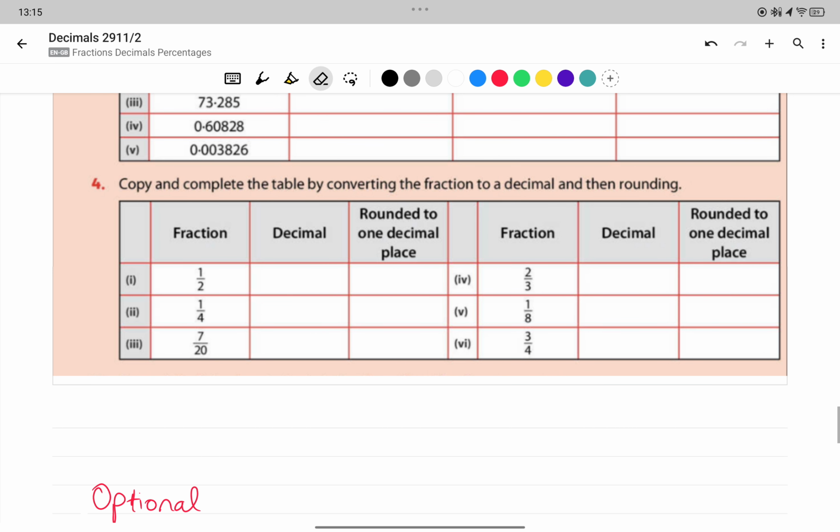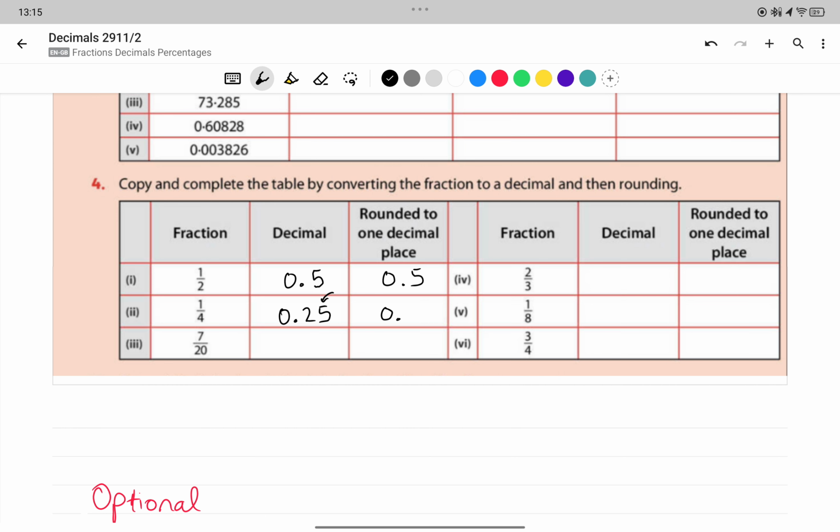You could also try number 4, a fraction. That's the same as 0.5 and rounded to 1 decimal place. It's still just 0.5. 1/4 is 0.25, and rounded to 1 decimal place, it's just going to be 0.